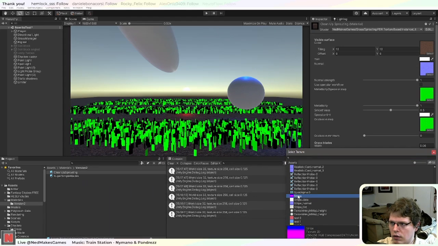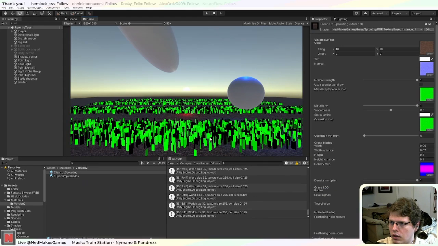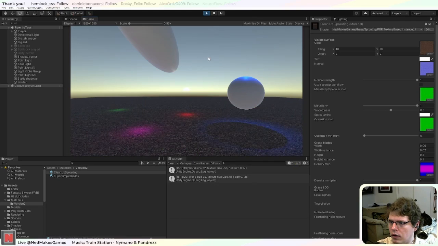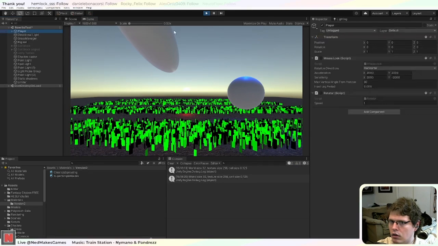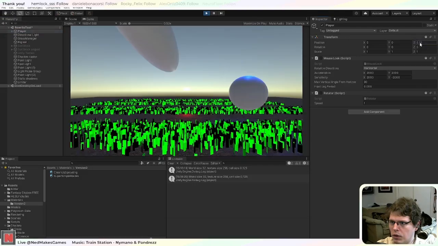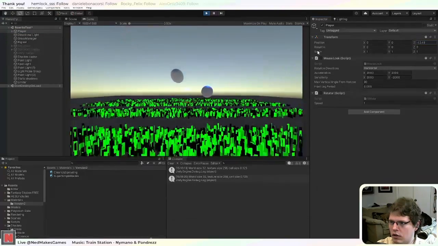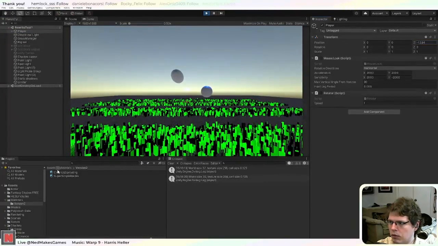Oh yeah. So this spawns stripes of grass. And that's because this density texture tells the system not to spawn grass in certain areas.